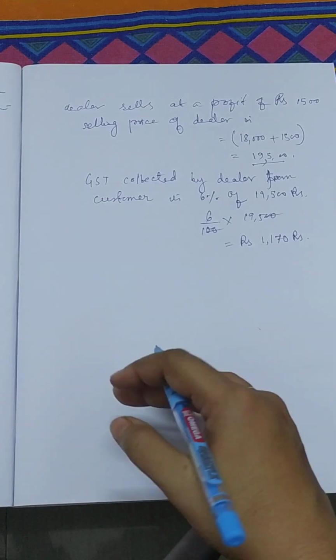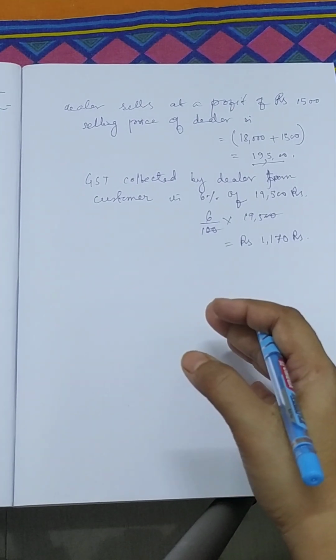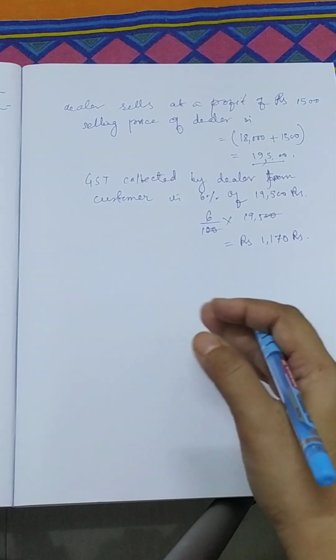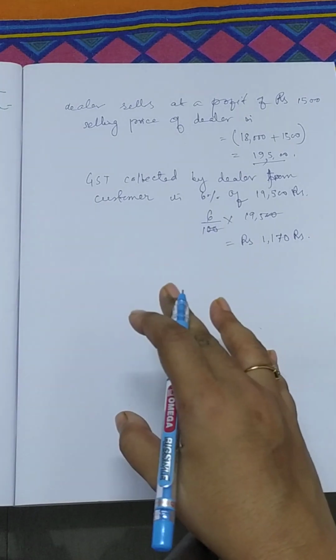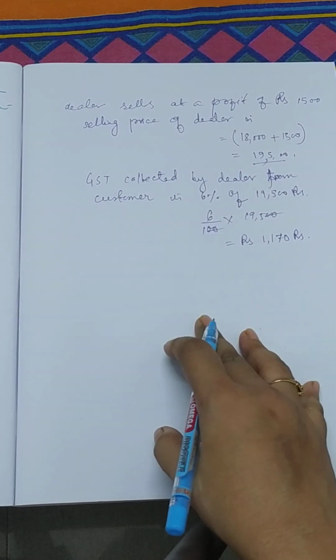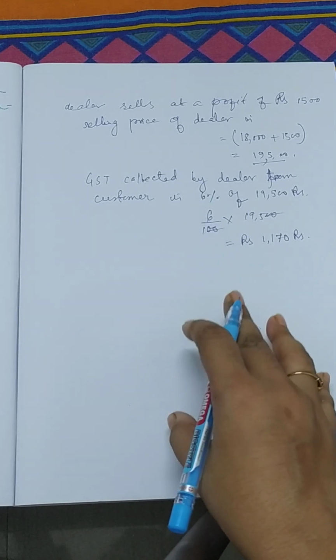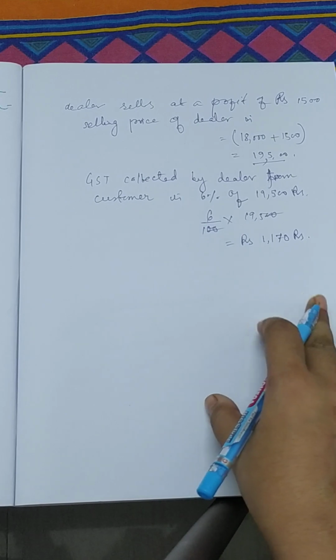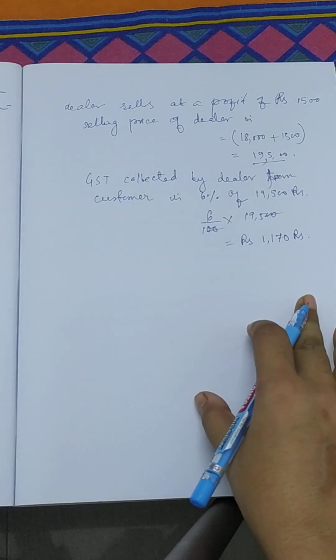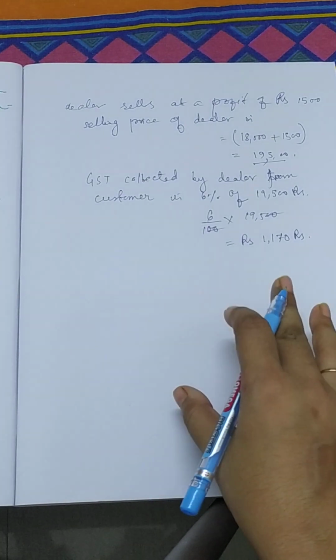So now it is the turn of answering all these four questions. The first question that was asked is to find out the amount of GST paid by the dealer to the state government.